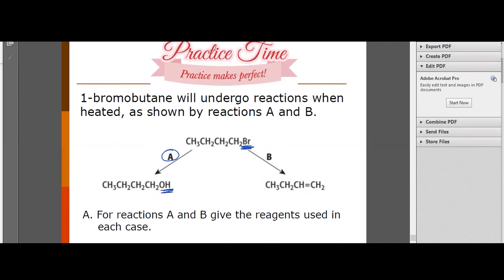It changes to OH here. So what is the reagent used? It is NaOH aqueous, right? For alkene, NaOH in ethanol, or ethanolic NaOH.